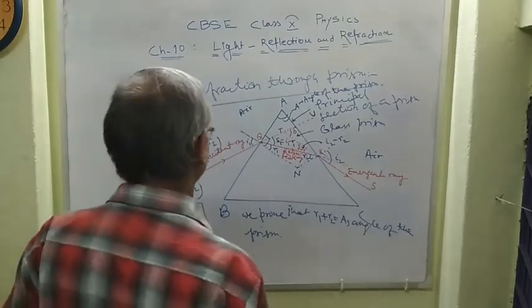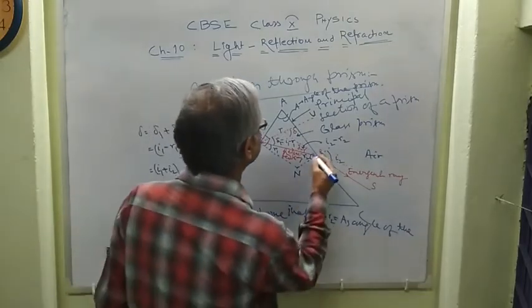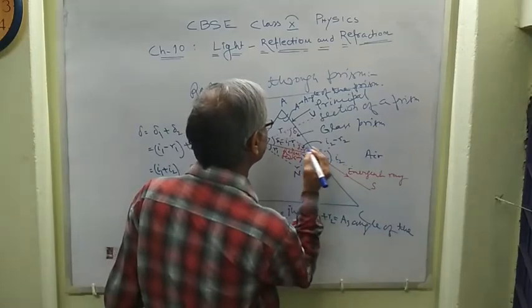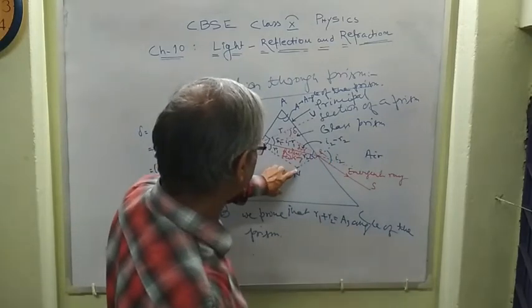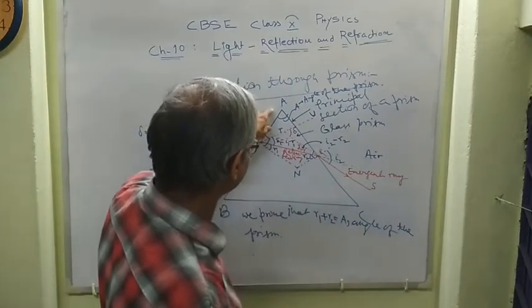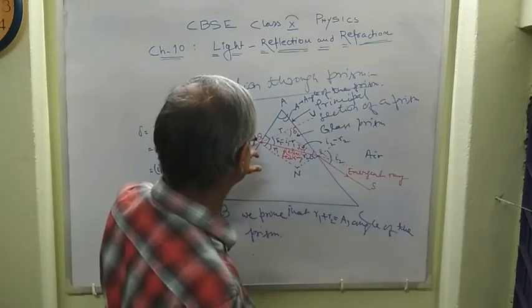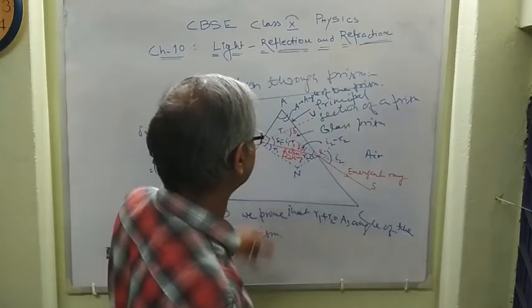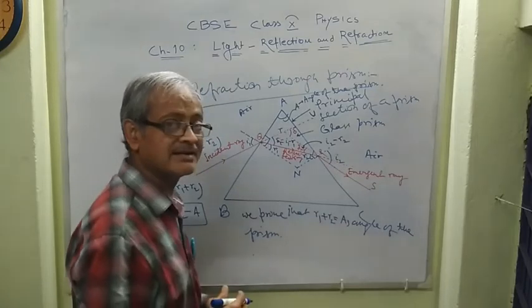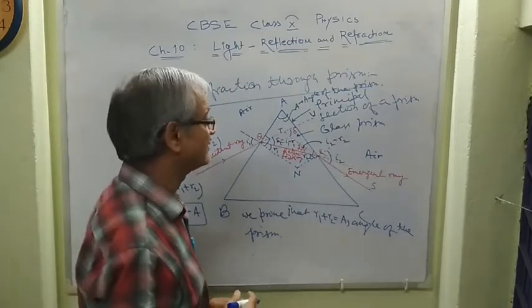We see that this is 90 degrees, this is also 90 degrees, angle N, angle A. QNRA, that is AQNR, is a quadrilateral.